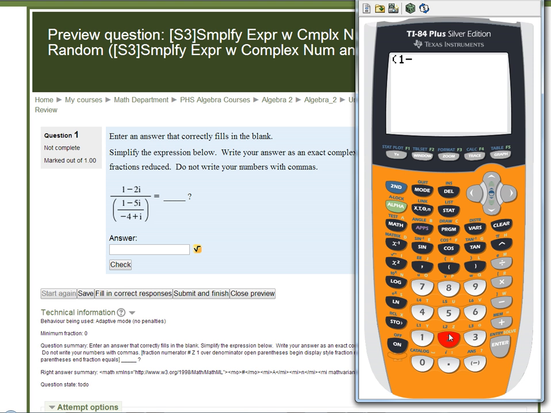Where's the i? It's behind the decimal point. So second decimal point gives me the i. You can see it back there. Divided by, and then I have to do this whole quotient, right? So I need parentheses. Okay, fair enough. That's easy.